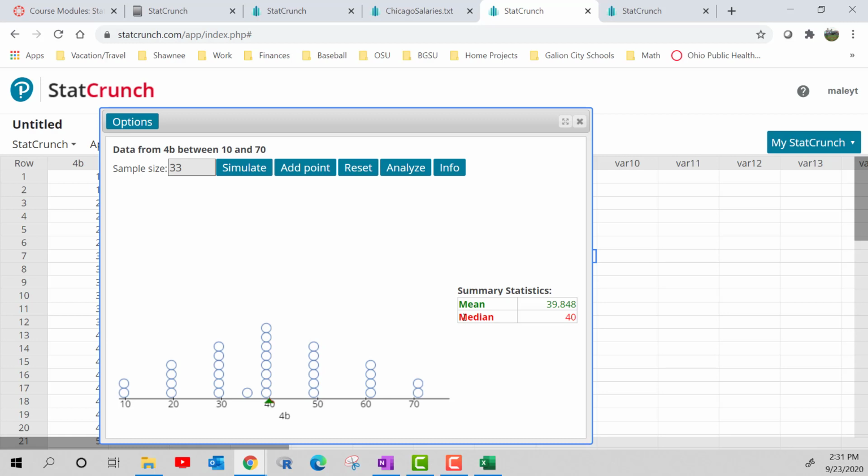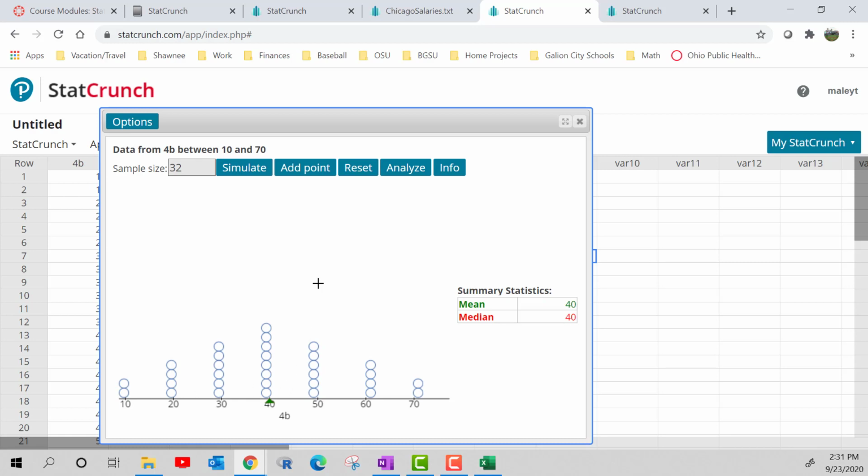Really the mean stayed about the same, and it's easy to understand because I added a value that's near the mean, which was 40. So this value of 35 is not atypical, right? It's not super crazy.